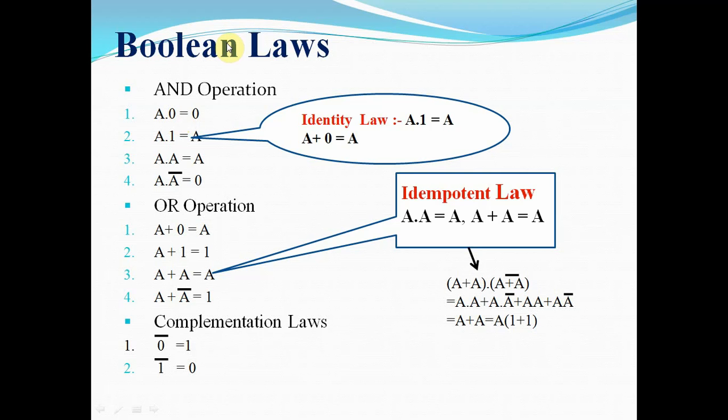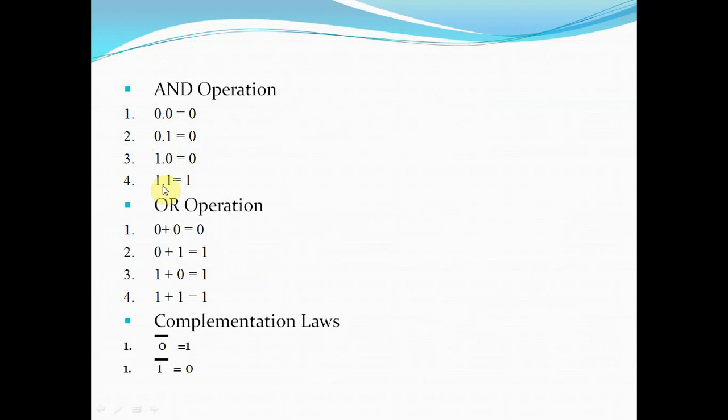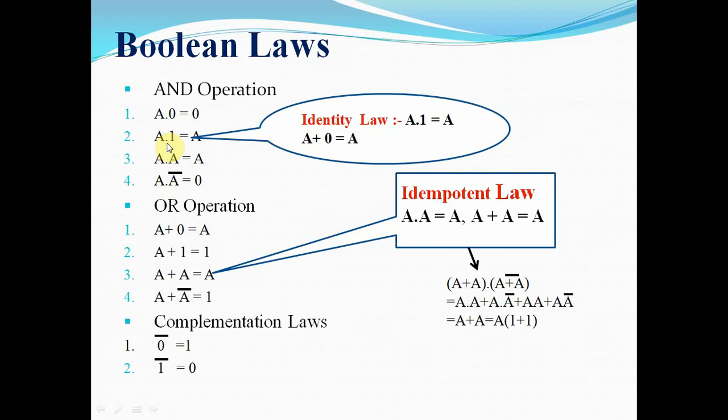How does it become a? Suppose a is equal to 0, 0 into 1 becomes 0. So what is the value of a? Here we are assuming 0. Suppose in another condition, a is equal to 1. 1 into 1 becomes 1 because of the AND axiom. So if you put any value of a, then the output will be a.